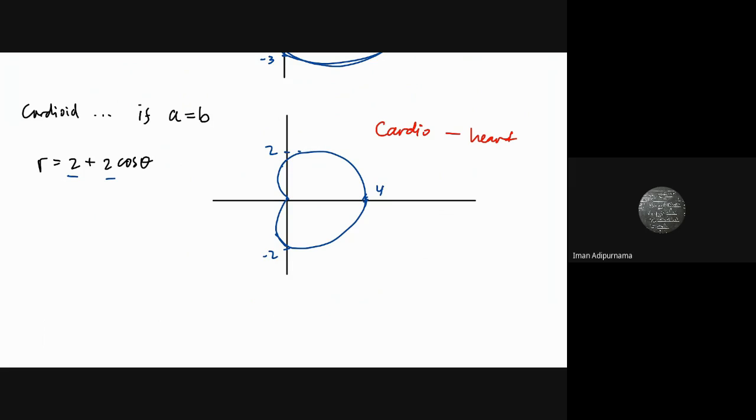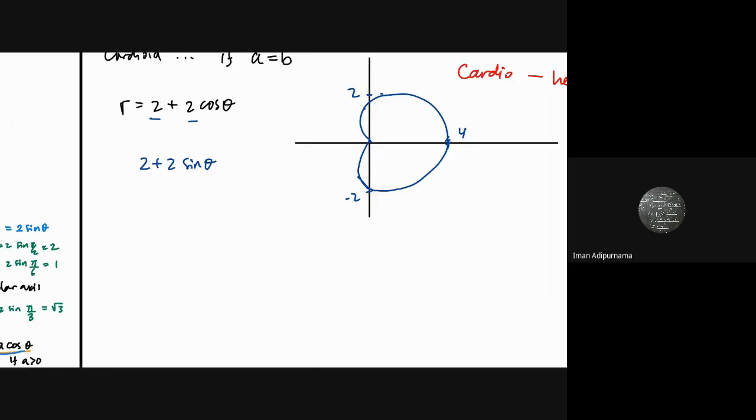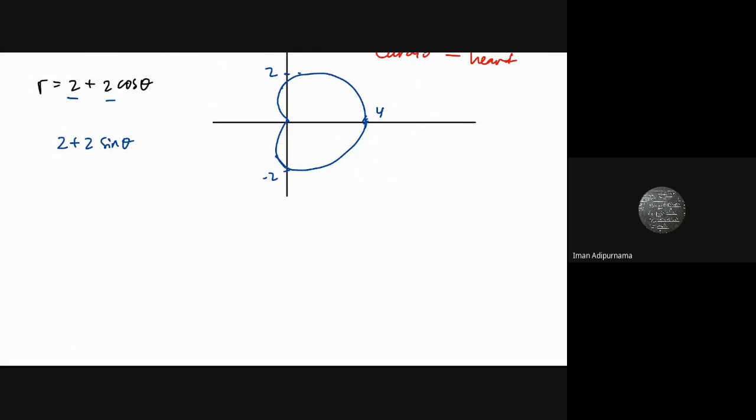And what will happen if we have sine? I forgot to mention. Remember the equations before? We have cos, it can be right or left. If we have sine, we will have on the top and down, depending on whether it is positive or negative.